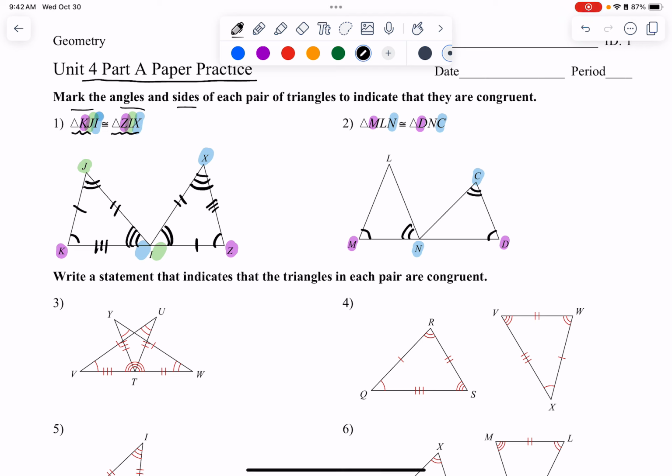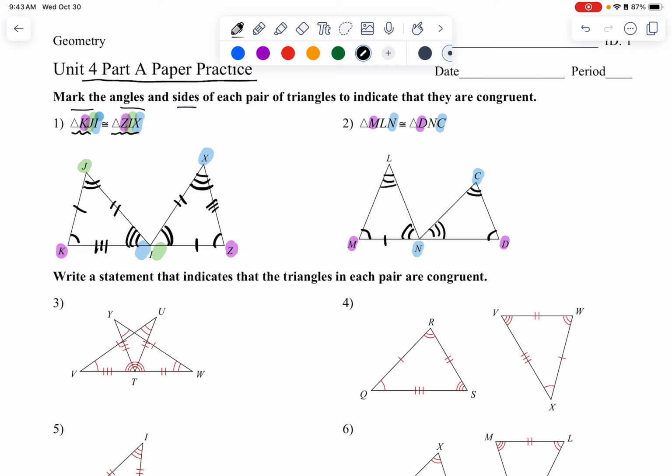And then this third one, I'll do the last marks, 1, 2, 3, 1, 2, 3. It doesn't matter which type of arcs you did, whether it was a single arc, double, or triple, so long as it matches the correspondence between the two, that is the correct pair from each triangle.